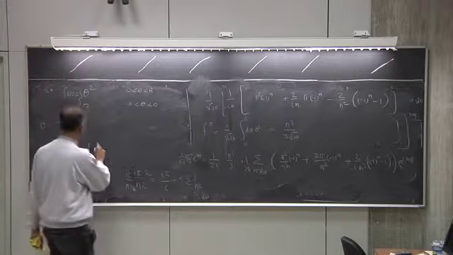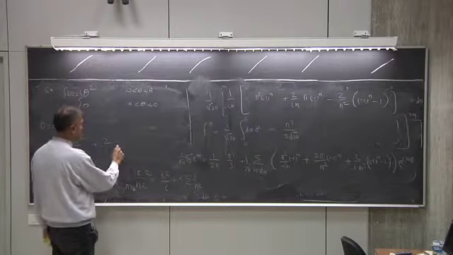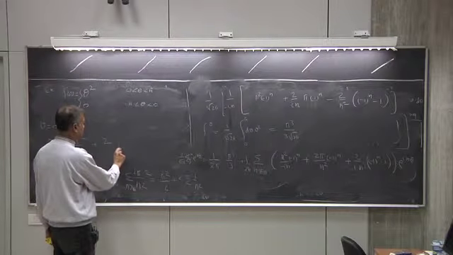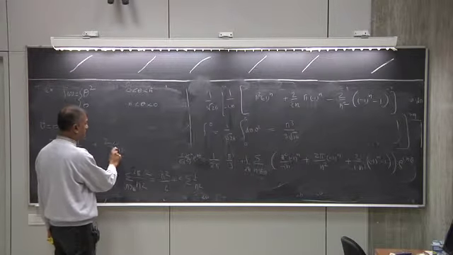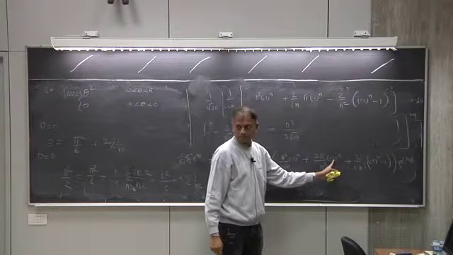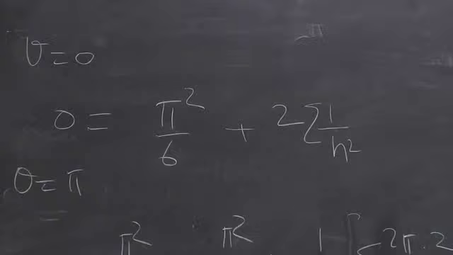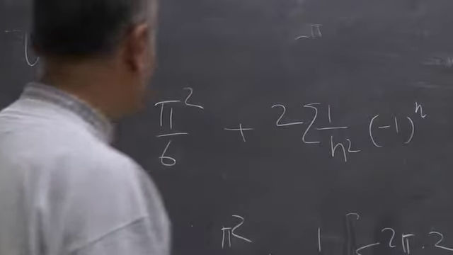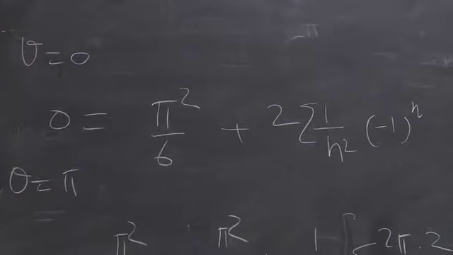So this gives you again plus 2, pi cancels, 2 over n square summed, but this time I have a minus 1 to the n, because theta is 0, so this doesn't give you a minus 1 to the n. So there is a minus 1 to the n here. So you have two different identities now.